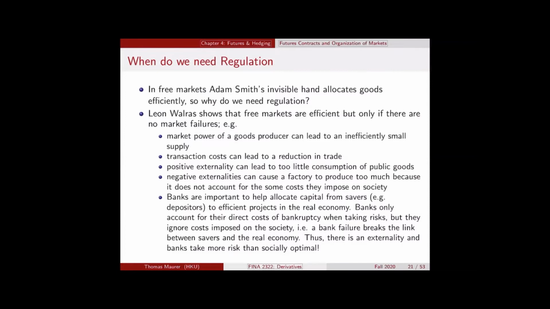And moreover, the government can then use that collected tax to do something good to the society, to compensate them for the damage which they experience through that pollution.